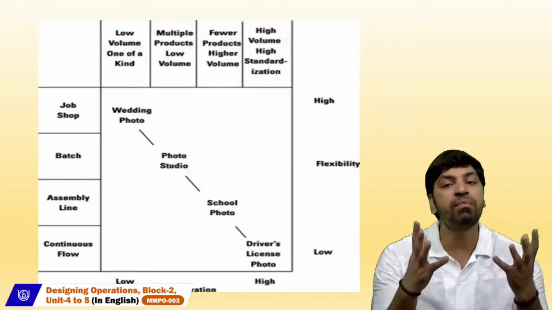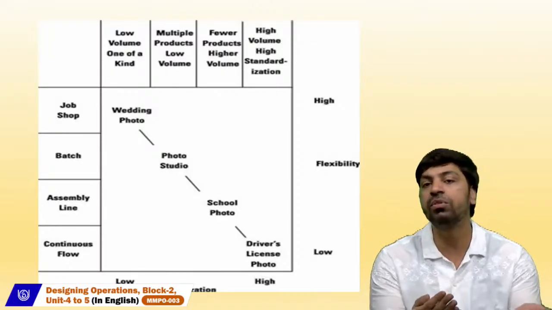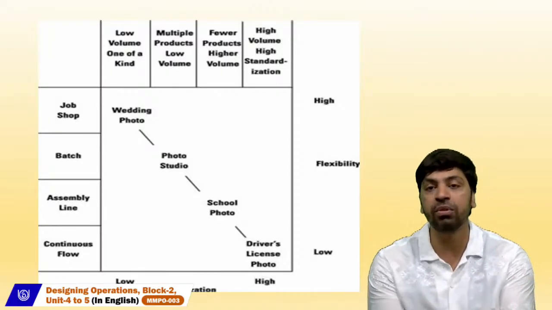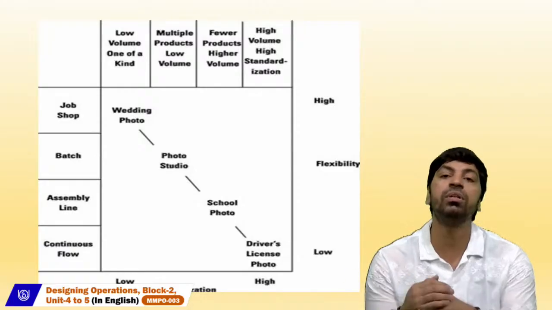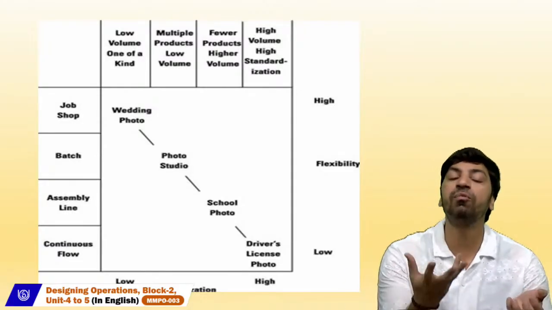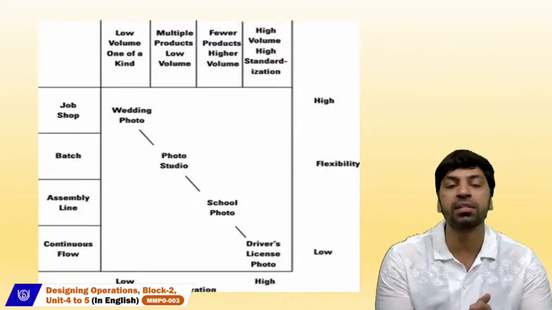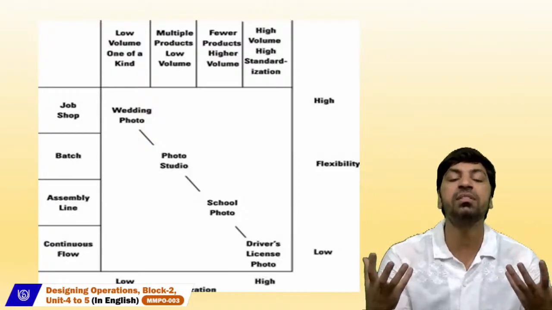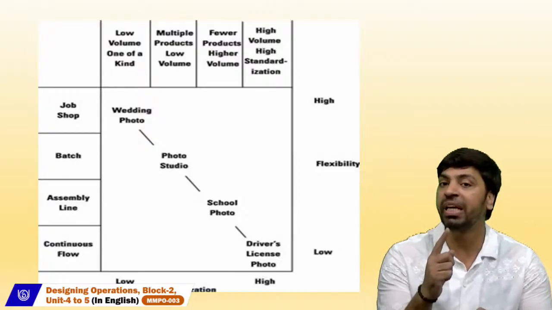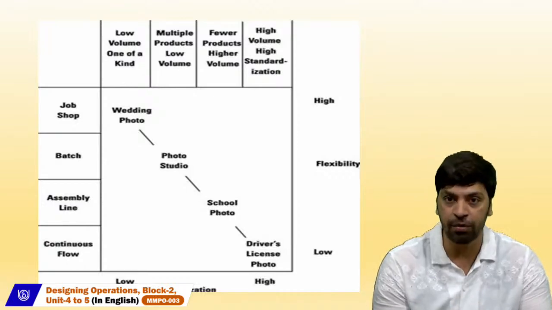For the batch, the flexibility is more visible because the process goes into groups. So this is how we covered the types of services in the types of processes, along with the various specifications, and specification totally depends on the production volume.